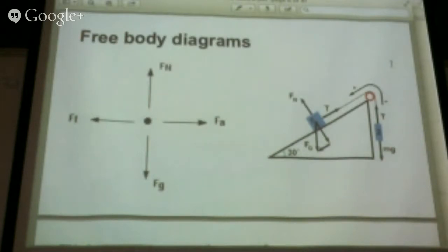All right. All these forces that are acting on an object act in some direction. Sometimes we have lots of forces in lots of different directions. So to model this, we use free body diagrams. Anytime you have a problem with forces on it, it's helpful to draw a free body diagram, even if it doesn't specifically say to.